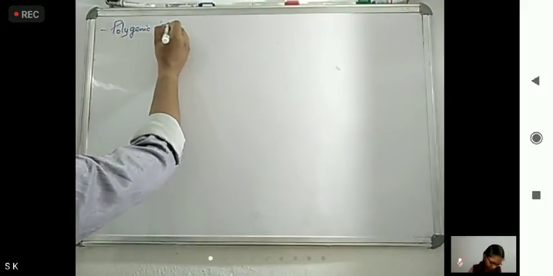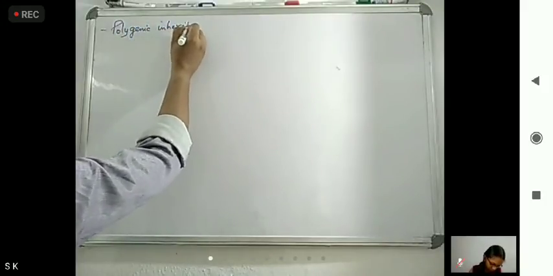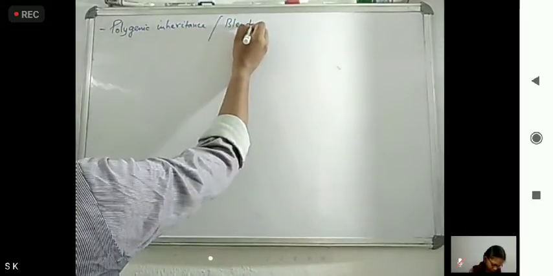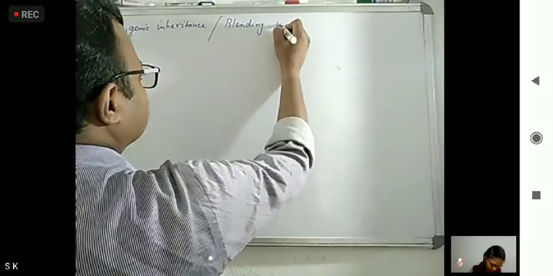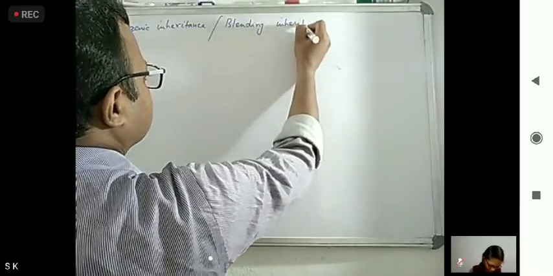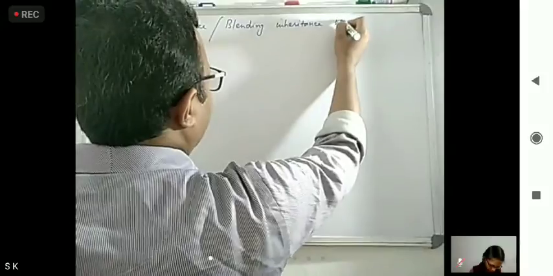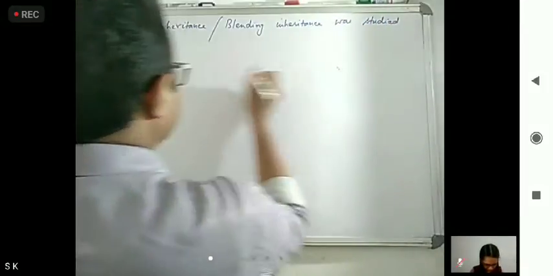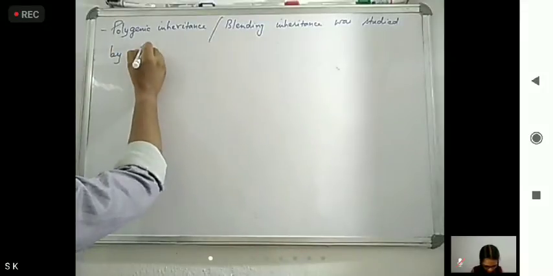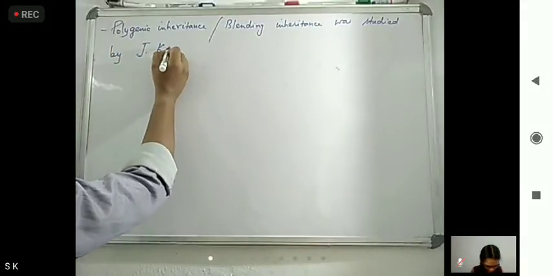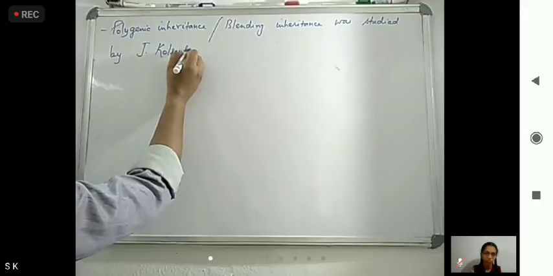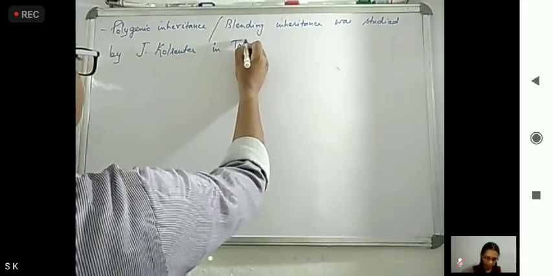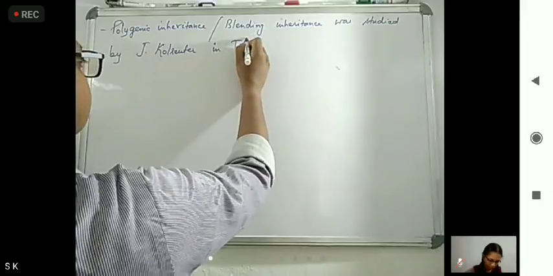Polygenic inheritance or blending inheritance was studied by J. Kolreuter in tobacco plant.